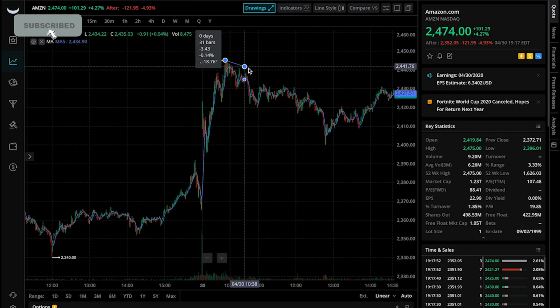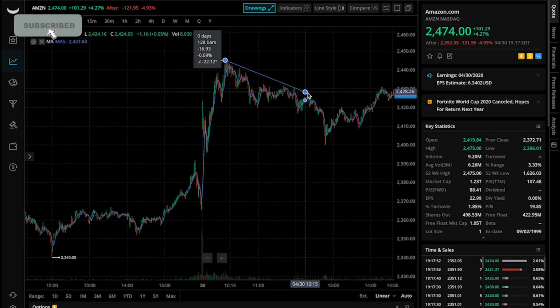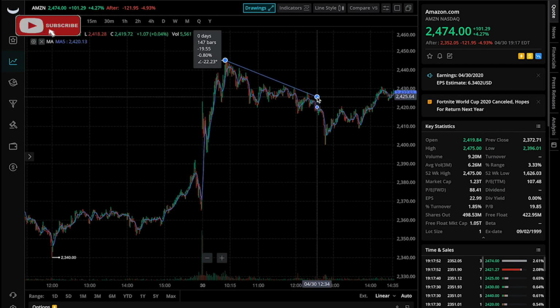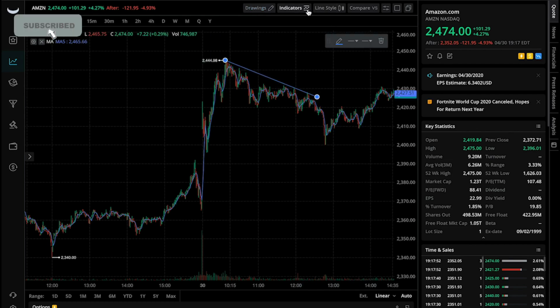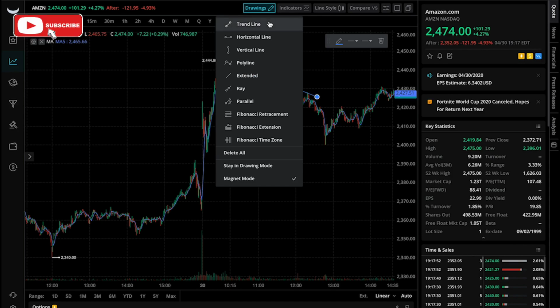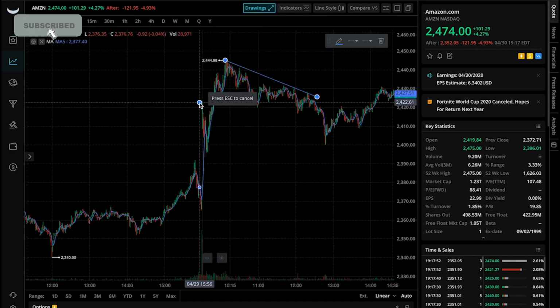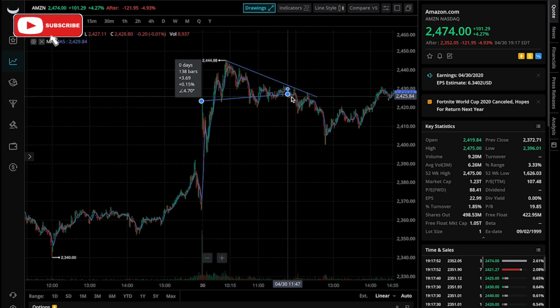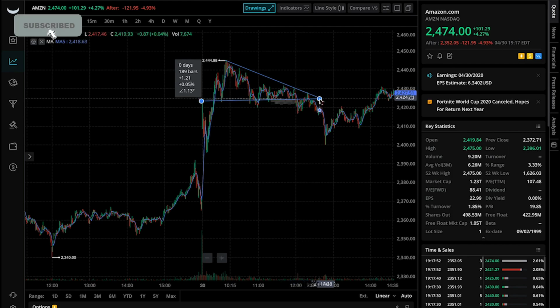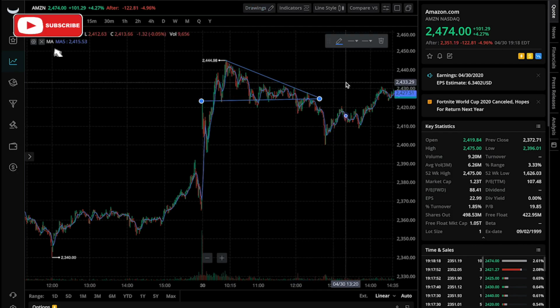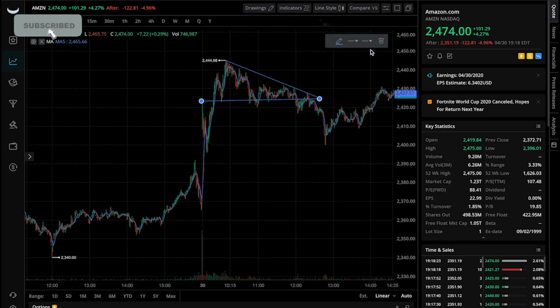So here's our top, and it comes all the way down this trend, okay? And then I'm going to go ahead and put in our support line, and we can see that this follows precisely and looks just like the descending triangle I showed you up in the examples.